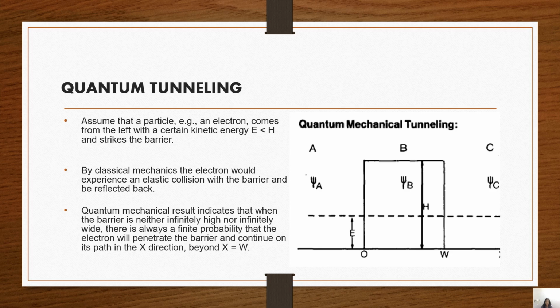Now, if the barrier is neither infinitely tall nor infinitely wide, then according to quantum mechanics, there is a finite probability of the electron appearing on the other side of the barrier. That means even if the electron doesn't have enough classical energy to cross the barrier, according to quantum mechanics, it would tunnel through the barrier and continue its path on the other side of the barrier.